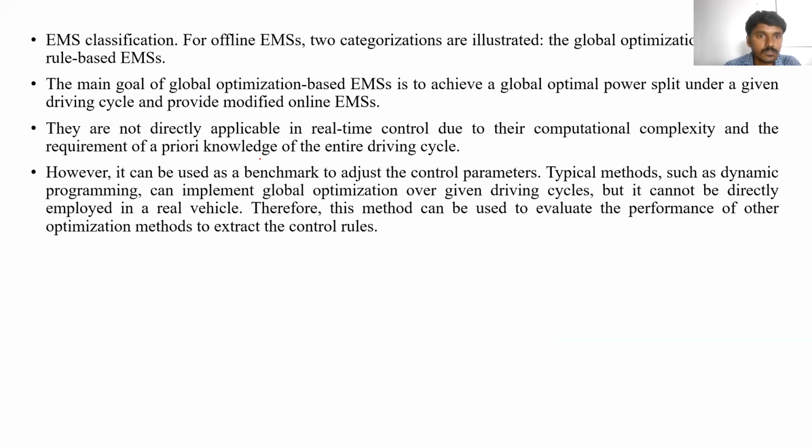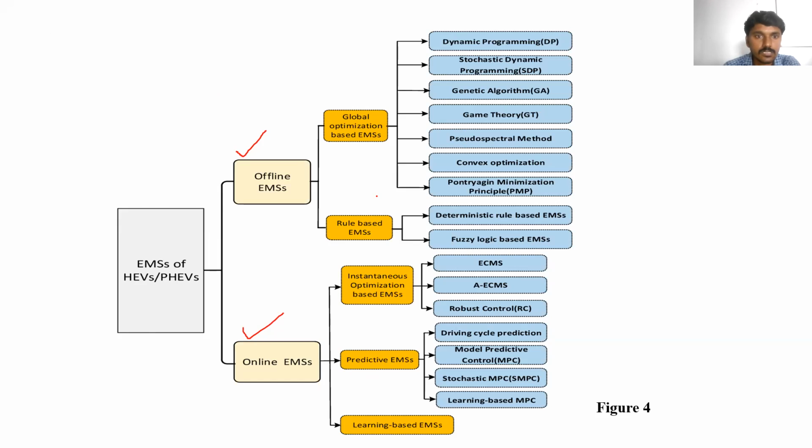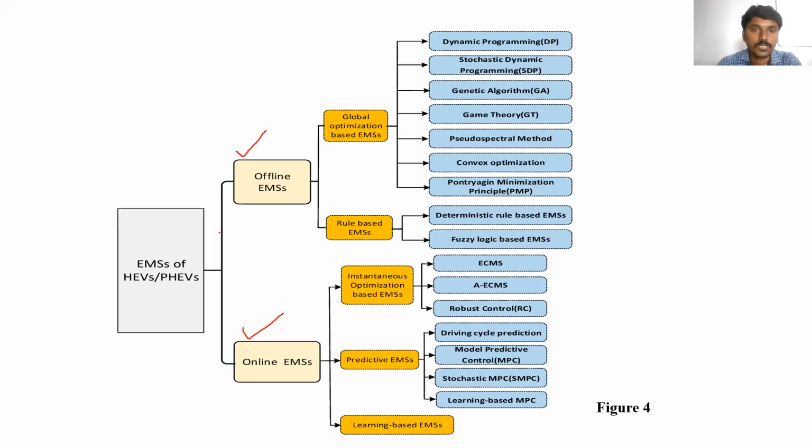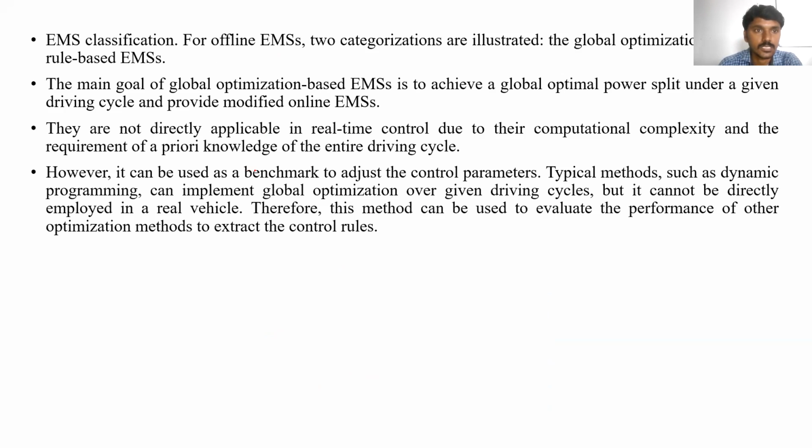Let's discuss a few of these now. The energy management system classification for the offline energy management systems has two categories: the global optimization based and the rule-based energy management strategies.